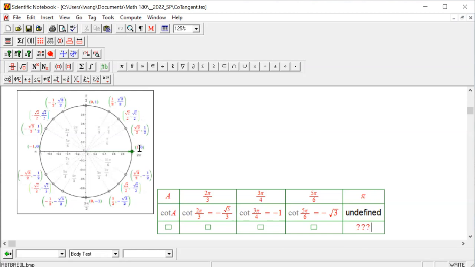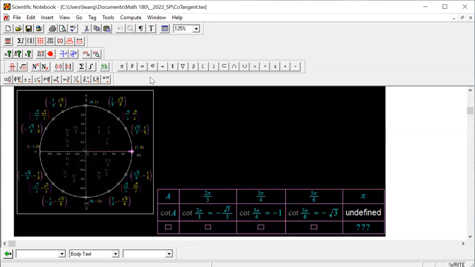Obviously, 0 cannot be in the domain, pi cannot be in the domain. So we're going to continue into the third quadrant and fourth quadrant to see how many terminal points will cause an undefined situation for cotangent.